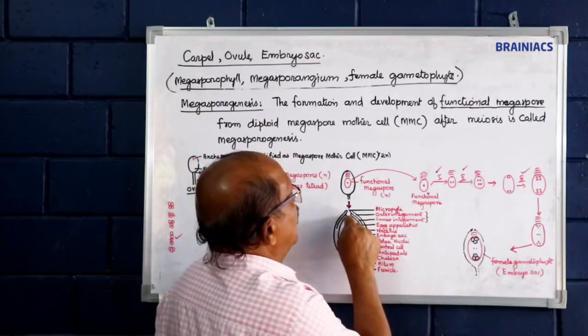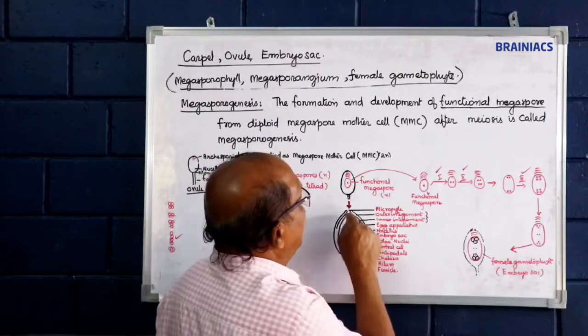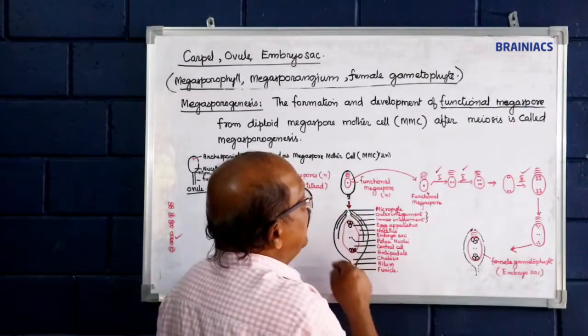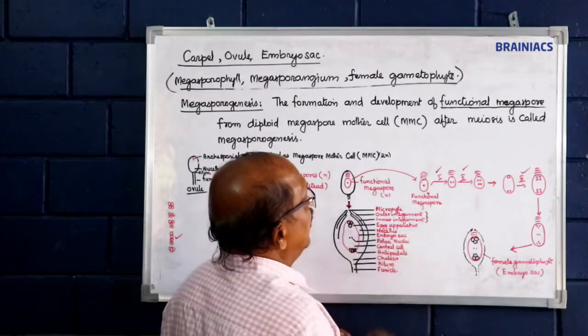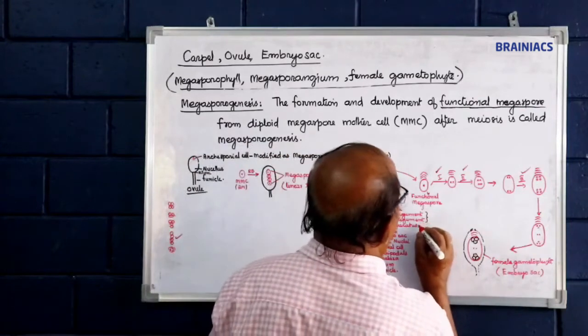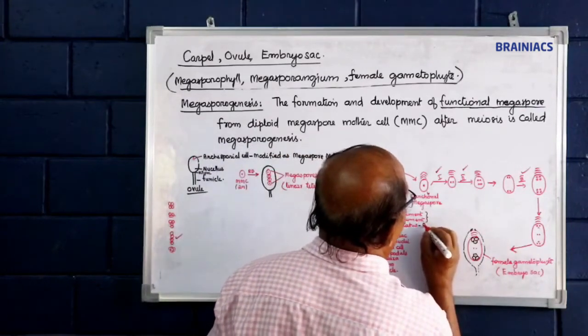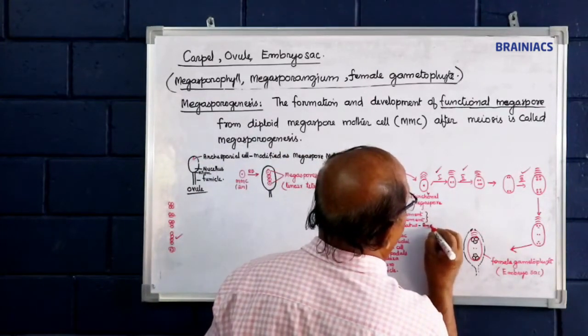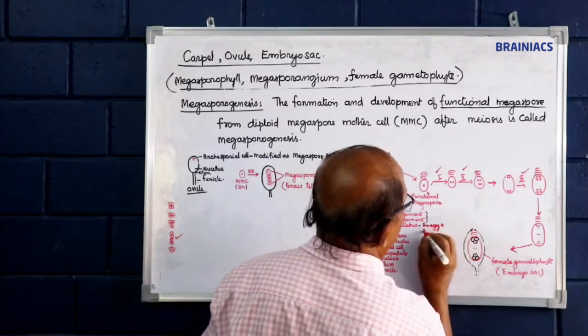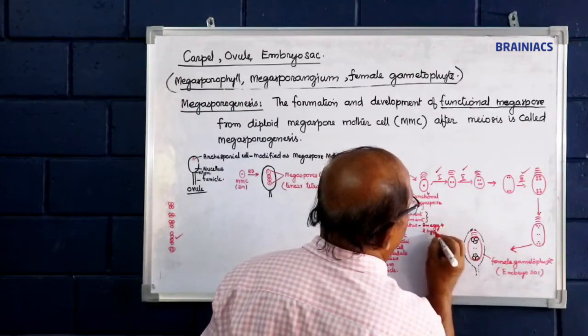The region of the embryo sac at the micropylar end has 3 cells that constitute the egg apparatus: an egg plus 2 synergids.